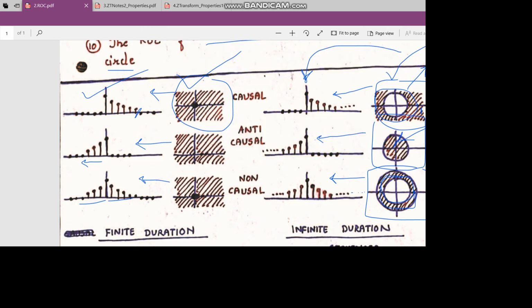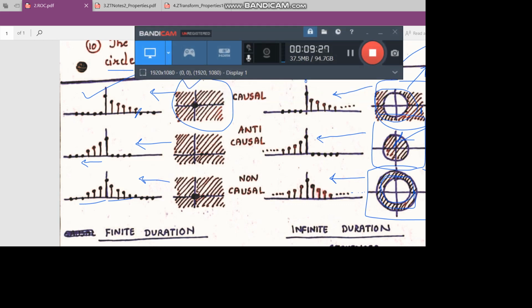We will continue with this session of Z transform, and in the upcoming lecture we will talk in detail about the properties of Z transform. Just like we have now seen the properties of ROC, we will try to understand a few properties of Z transform which are very important, and also solve some numericals based on these properties.